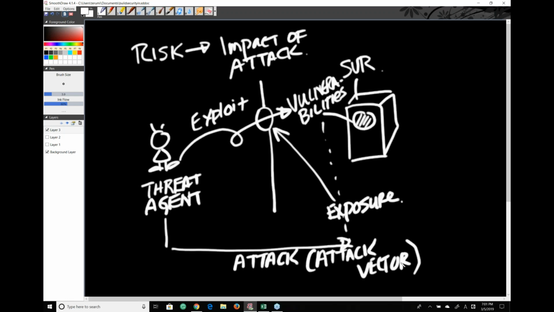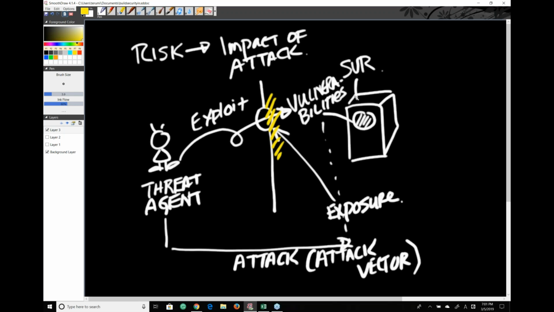So we got into this theme as we're talking about how do you stop it, or how do you reduce the risk of this thing. I mentioned that it's control. Control is something that you put in here to stop the threat agent from being able to touch the vulnerabilities.